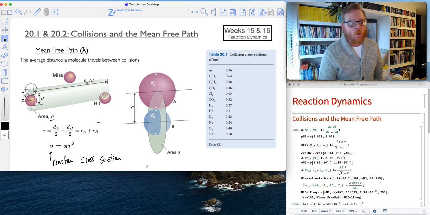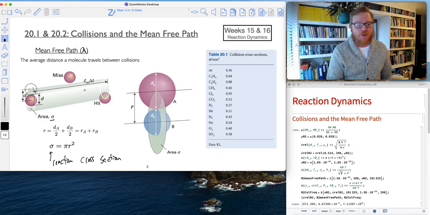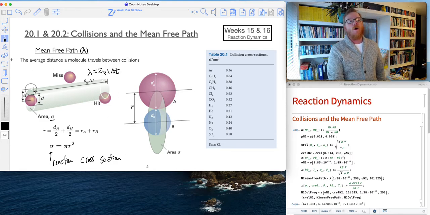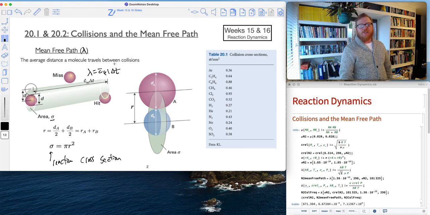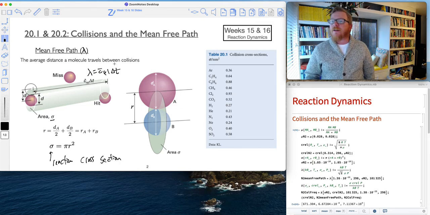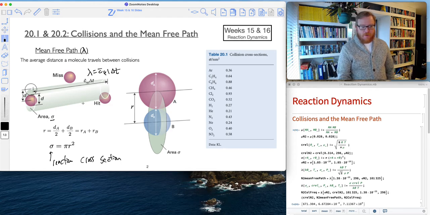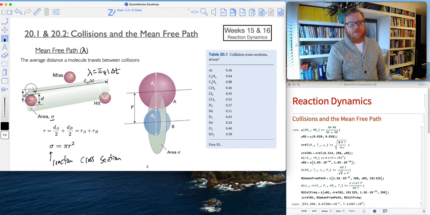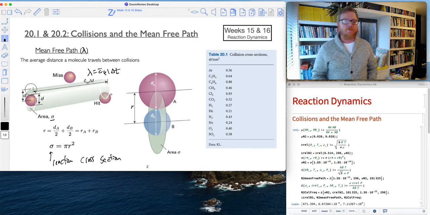We draw a cylinder with length c bar relative times delta t, which is what we call the mean free path, the average distance that a molecule travels between collisions. If a molecule is outside of this tube, it's a miss, but if it's inside this tube, it's a hit.